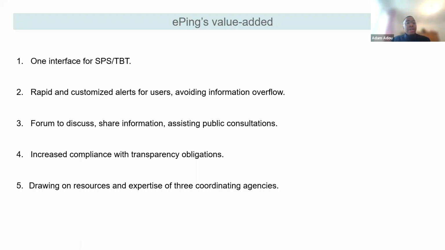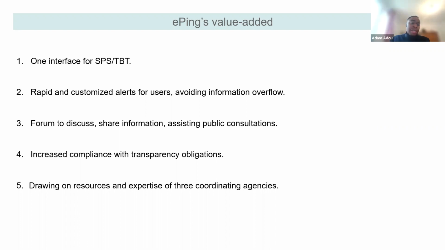So this is the value added of ePing: one interface to have information regarding SPS and TBT regulation. You will always be alerted regarding new regulation coming on the specific product of your interest. You will be able to choose the products of your interest by registering on the website, but I'm going to show this during the demo.